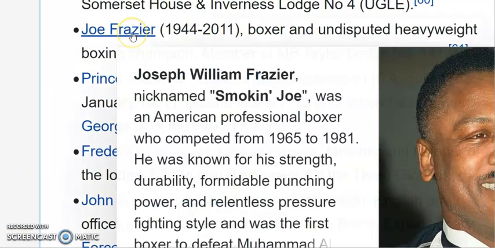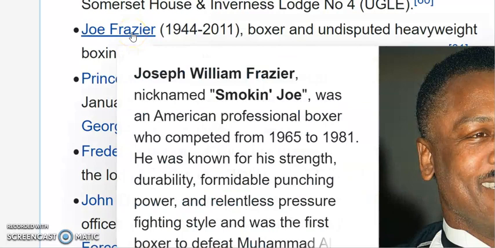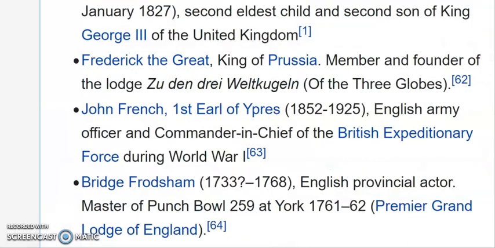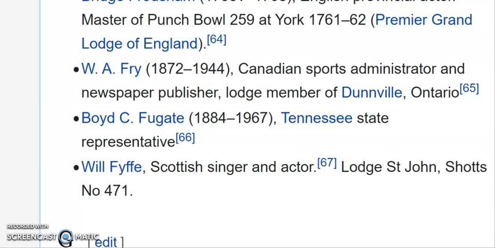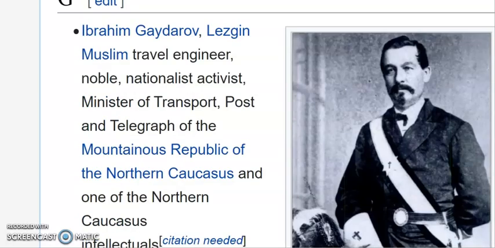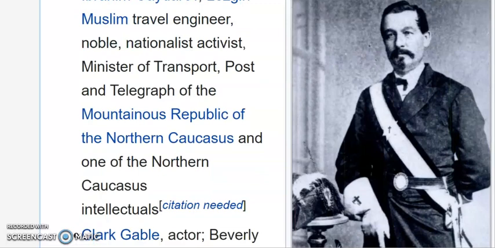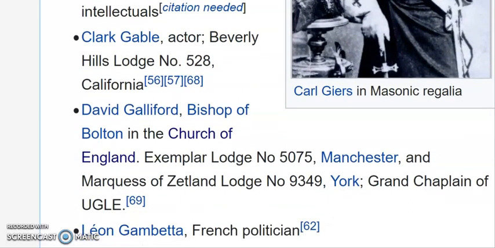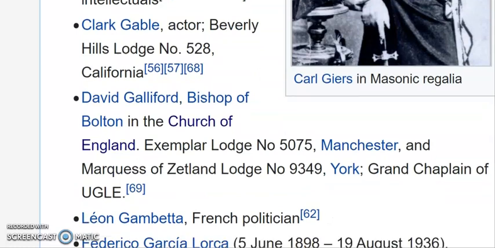Joe Frazier, a boxing champion. Smoking Joe. Frederick II. Beverly Hills Lodge.